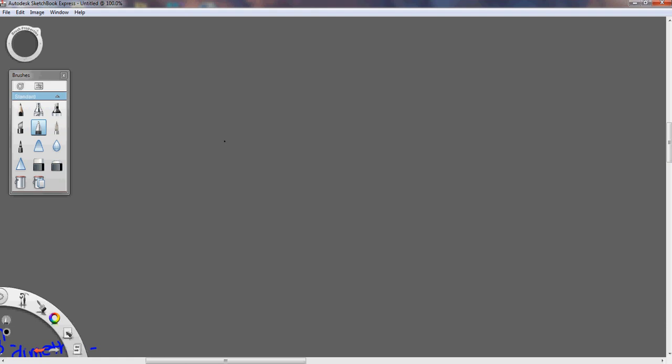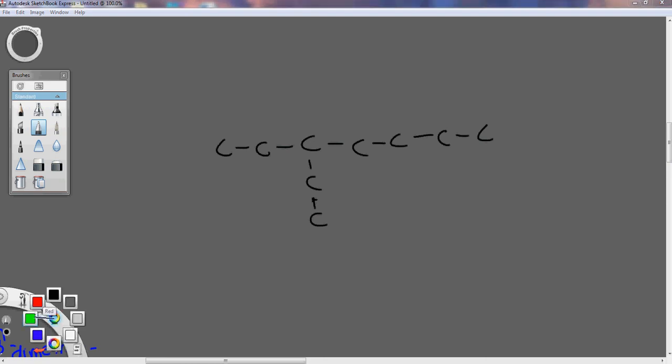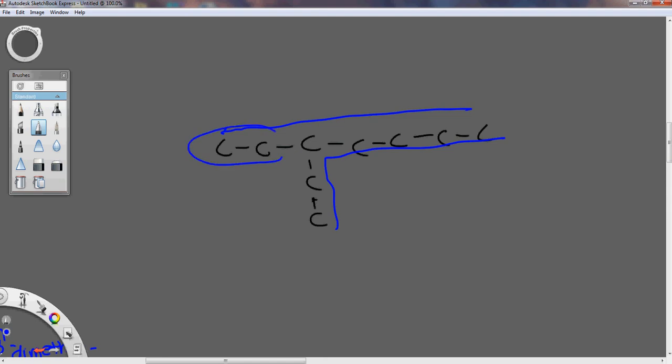For example, what would you name this one? You'd have to find the longest path. We have 2 paths we can take, but both paths give us a branch that contains 2 carbons, and you want to count them from left to right.